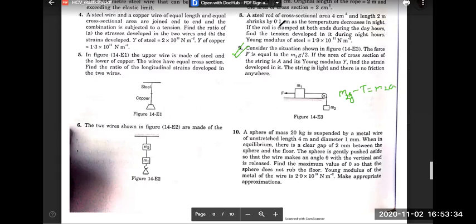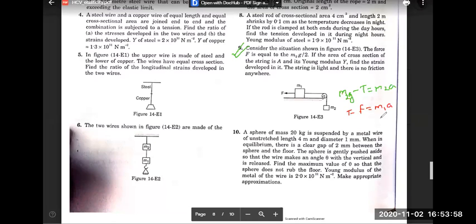Agree? Tell me, guys, agree? And on this object, I can say that T minus F is equal to m1a. Anyone have any issue in this? No? Everyone got this? Just raise your hand, everyone.